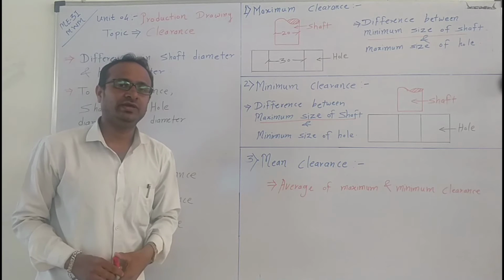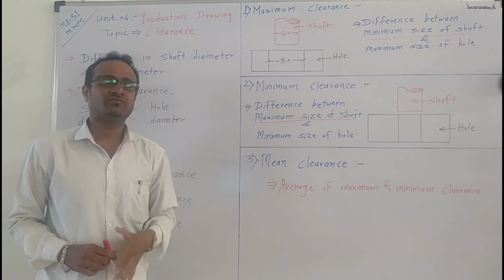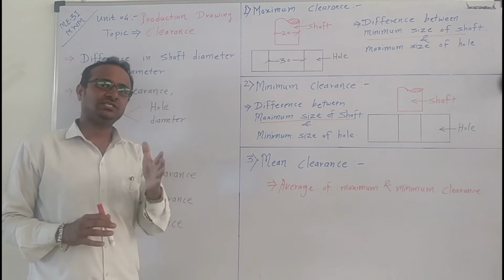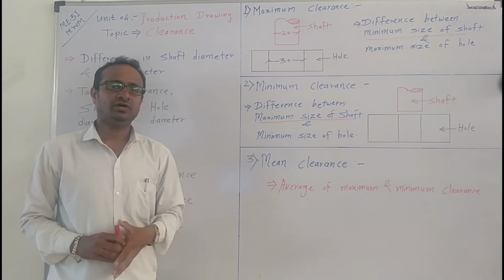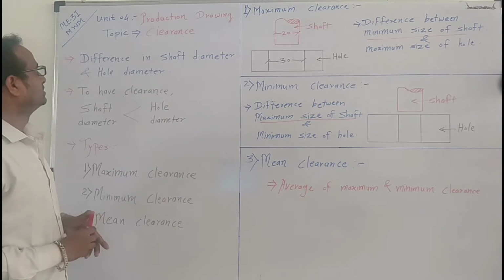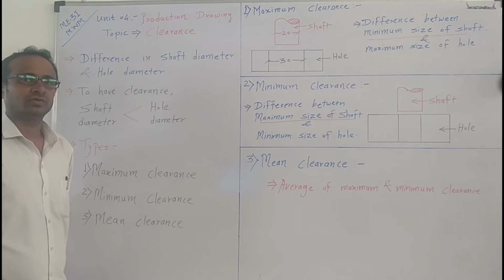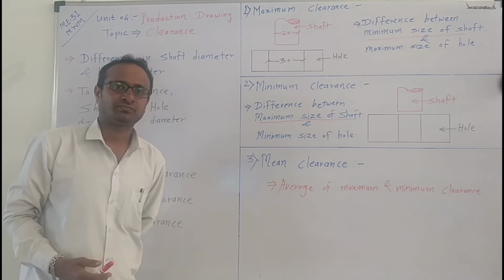In engineering drawing, we are using different components, different drawings of components. Within that, clearance is one of the major aspects to be considered. For explaining this point of clearance, we are using the hole and shaft basis system.